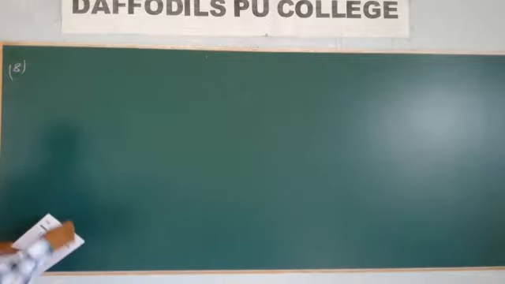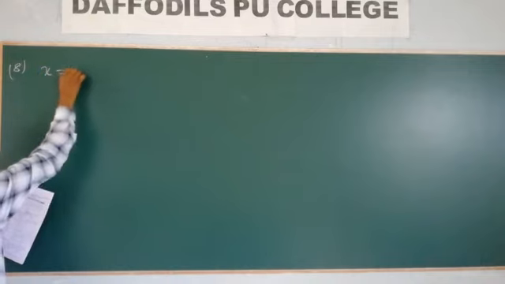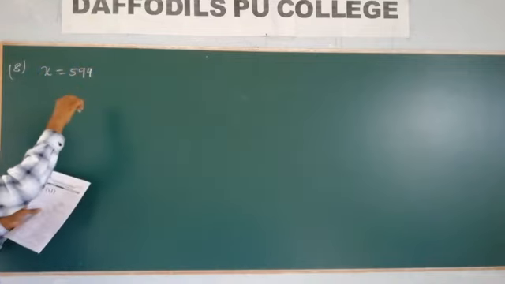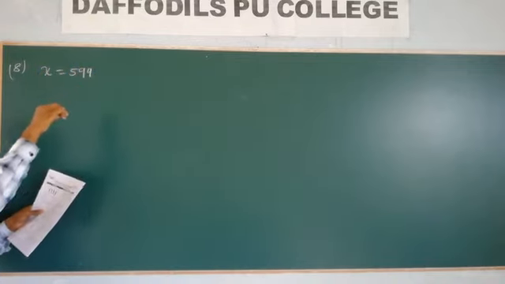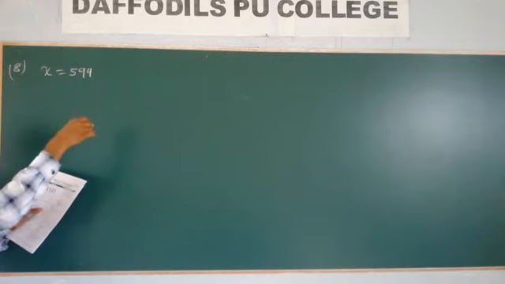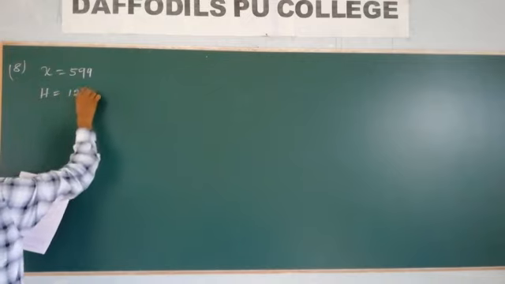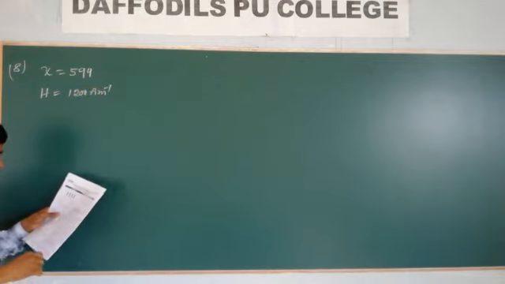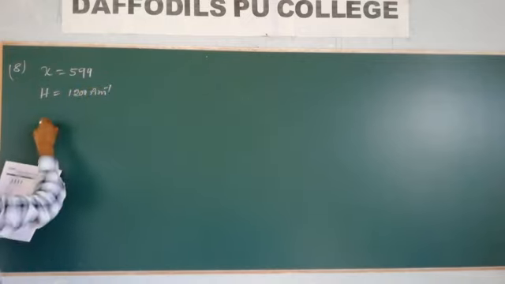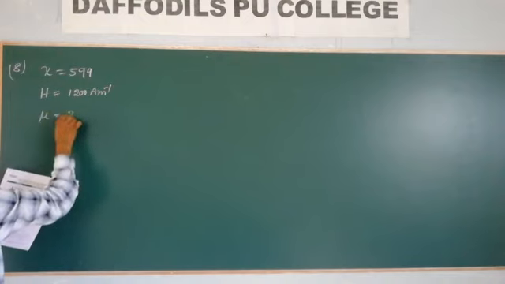An iron rod of susceptibility chi equal to 599 is subject to a magnetizing field H equal to 1200 ampere meter power minus 1. The permeability of the material of the rod, mu, they are asking.